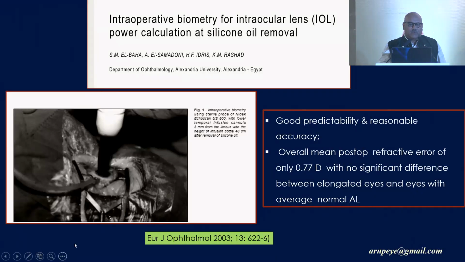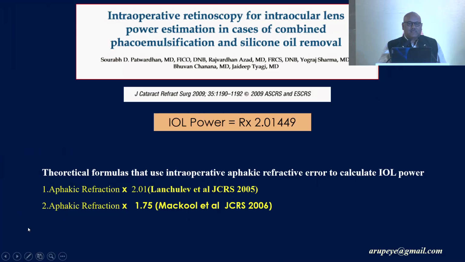Now, this is a patient where silicone oil has been removed and intraoperative biometry was done. The eye was pressurized with an infusion and then the appropriate IOL power was calculated. So this is another thing that could be easily done. Dr. Saurabh Padwardhan, I think, who has done that particular device you're talking about, has suggested in their study that if you do retinoscopy after removal of the silicone oil on the surgical table and multiply the retinoscopy value by this factor, you get the IOL power and implant that particular IOL.